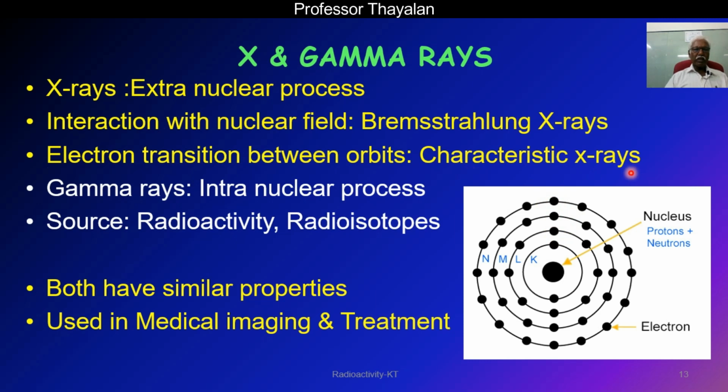Whereas gamma rays are an intranuclear process, concerned with the nucleus. So to emit gamma rays, you must have a source of radioisotopes and you should perform radioactivity. Both X-rays and gamma rays have similar properties. They are used in medical imaging as well as for medical treatment.